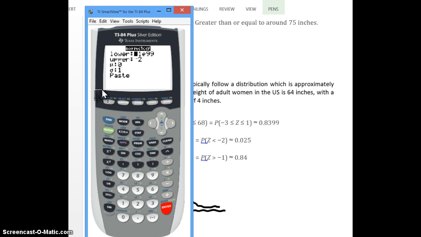For the lower end point, there was one, -1. So again, -1. The upper end point, there was none. It kept going to the right. We signify that to the TI with a 1E99. Again, the way to get the E is the second button and the division sign, 9, 9. Enter. And we get 0.84, which is what we have right there.